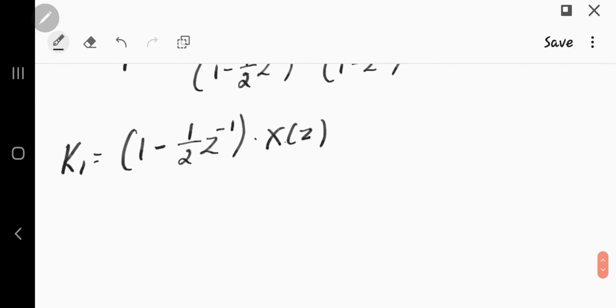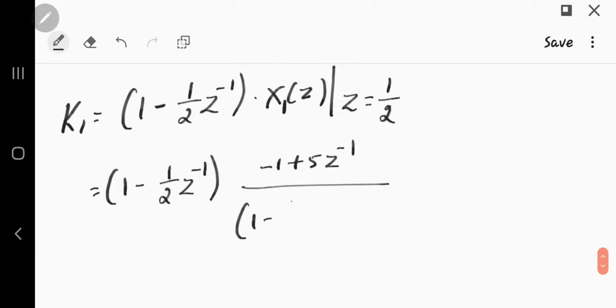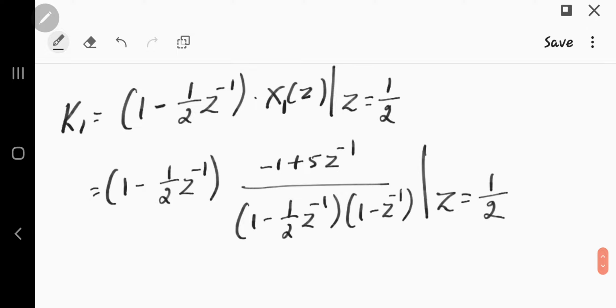Here also you mention this as X1 of z, where z takes the value of the pole. Here in place of the pole we have 1 by 2. So substituting that, 1 minus 1 by 2 z inverse, and X of z is minus 1 plus 5z inverse divided by 1 minus 1 by 2 z inverse, 1 minus z inverse, where z takes the value 1 by 2.